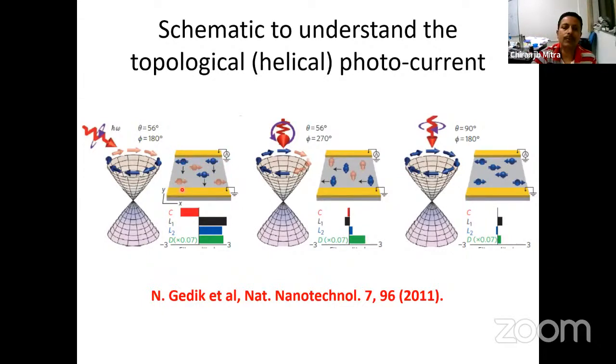In the absence of any excitation, we have equal numbers of spin up and spin down electrons, so the currents will cancel each other. However, if you create vacant states, then this current will dominate. Therefore, you will have a current along the y axis.